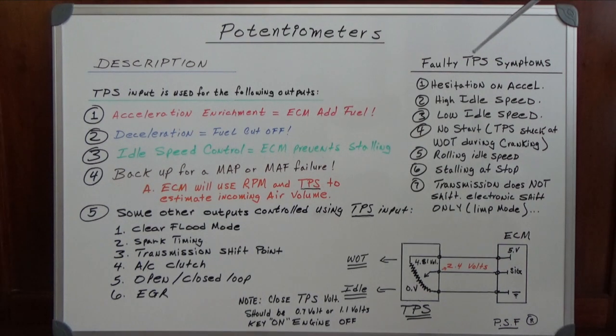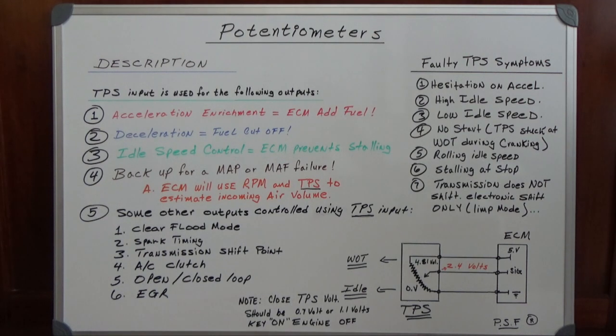Faulty TPS symptoms are hesitation on acceleration, high idle speed, low idle speed, no start, TPS stuck at wide open throttle during cranking. That is something we use a lot when we want to do a test with an oscilloscope and a relative compression test.